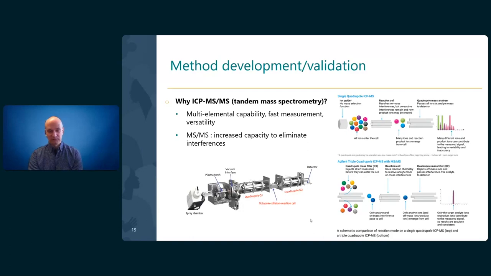Then you can use the cell to react the analyte or the interferences, and in such a way you can get rid of the interferences, or make an adduct for the analyte of interest and shift the mass, and then detect only the analyte of interest. So this is the huge advantage of using tandem mass spectrometry.